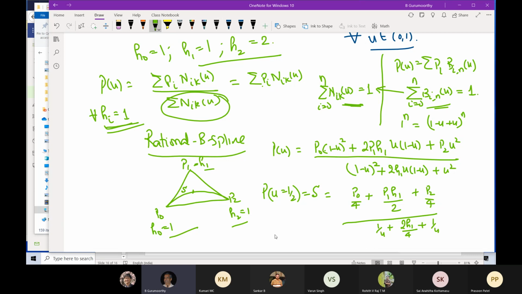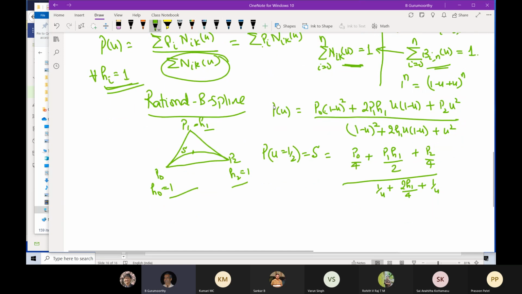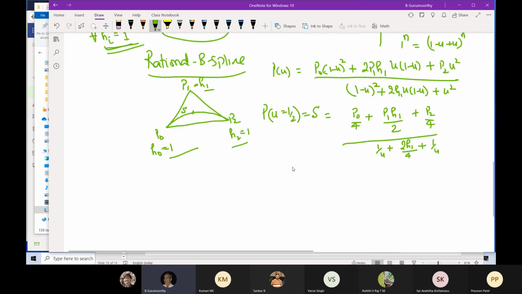And so this becomes half plus h1 by 2, right? And so for simplifying it, I just write this.